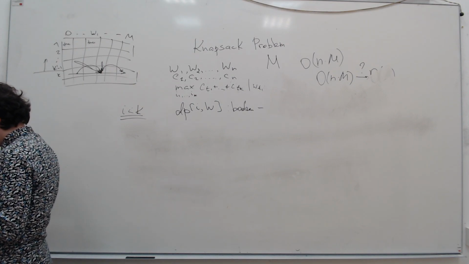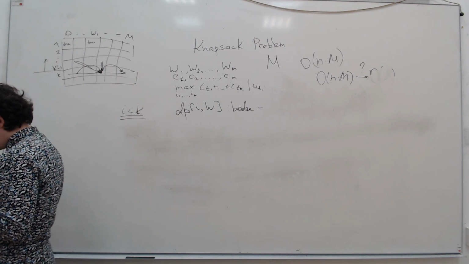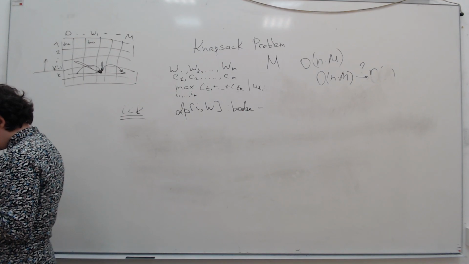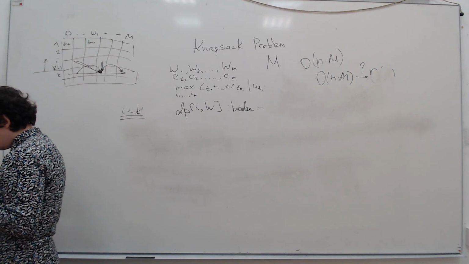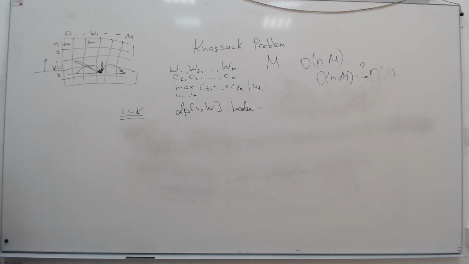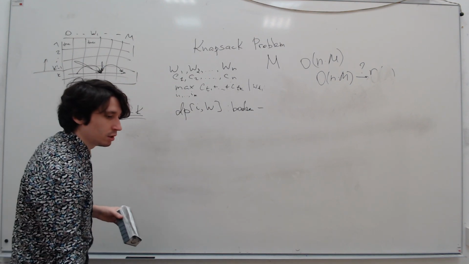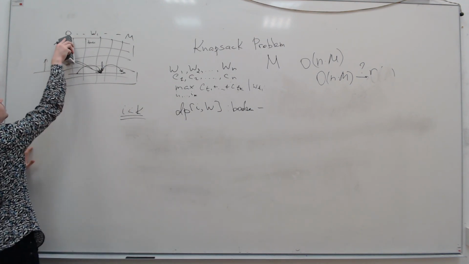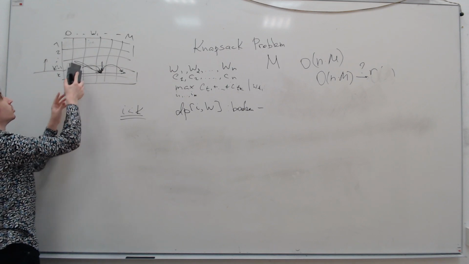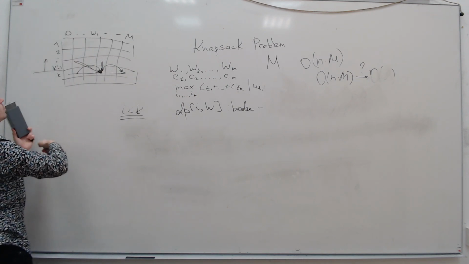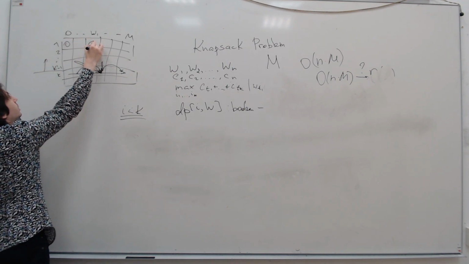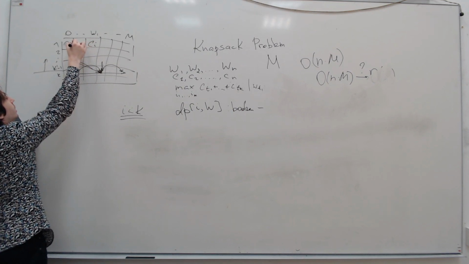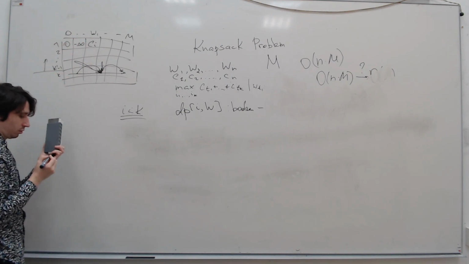Well, I'm not sure. How do we fill the matrix beforehand? You simply put 0 for the first cell, and for everything else minus infinity.